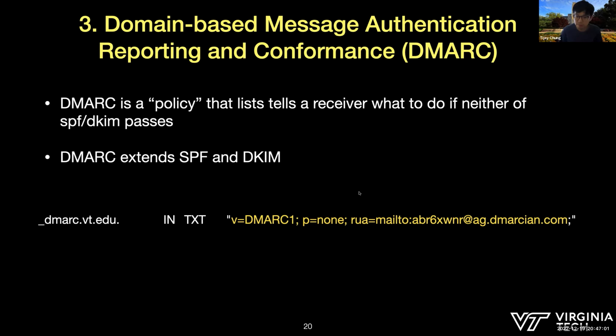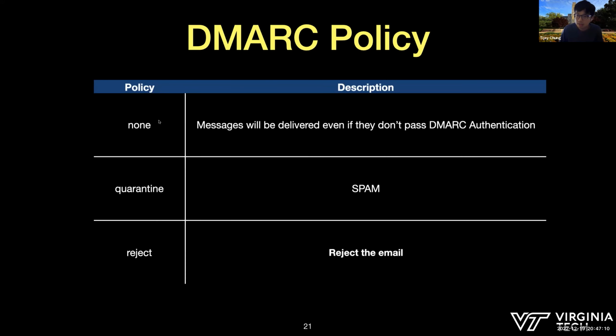So for example, this is the DMARC record, and I'm going to talk about the attack later. The p means this is the desired action. If it is none, then you should just deliver the message and pretend as if there were no DMARC policy at all.